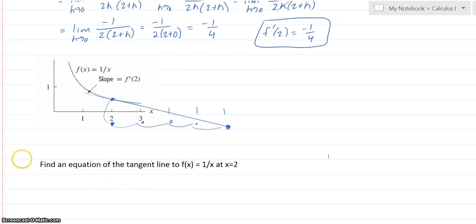And now, if you're asked to find the equation of the tangent line, you can do it because you have that slope. That slope was negative 1/4. So you can now take your equation of your line.